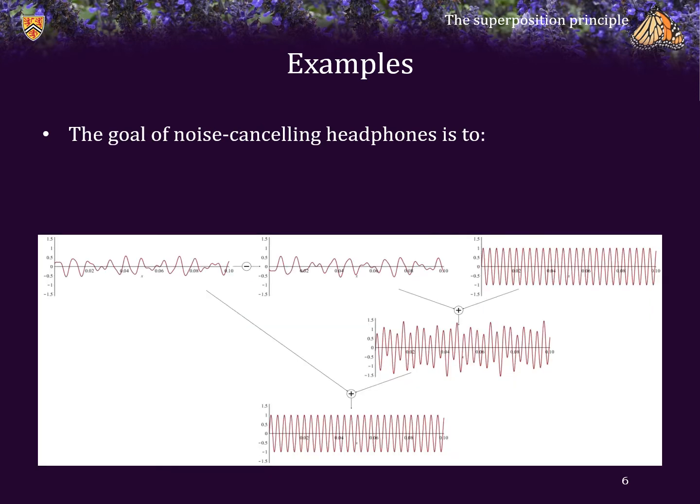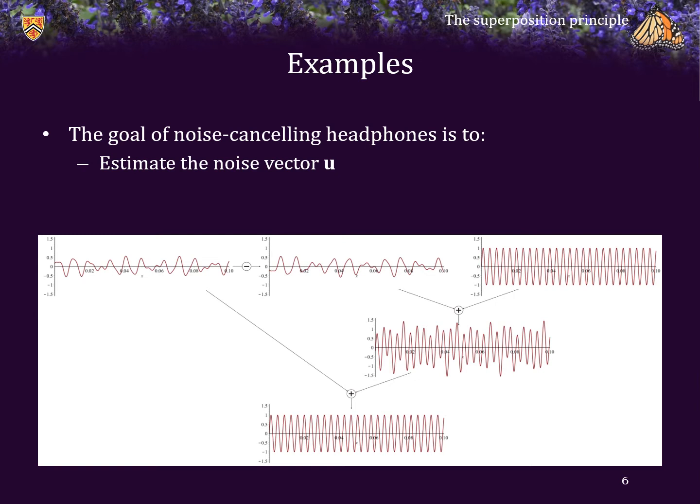So, for example, the goal of noise-canceling headphones is to estimate the noise vector U. So in the image here, in the top left, we see the actual noise produced by the background environment.